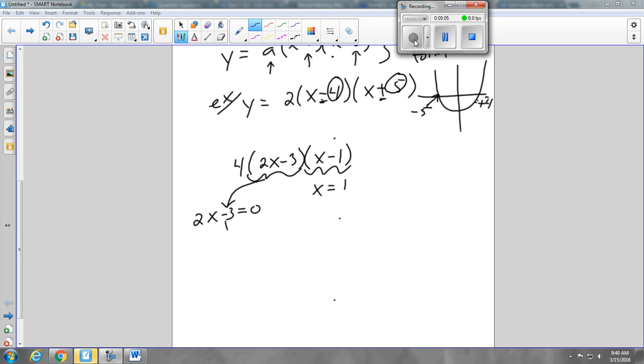I'm going to add 3 to both sides. Those cancel. So we got 2x is equal to 3. And then divide both sides by 2. And then x is equal to 3 over 2, or 1.5. Same thing. Okay, so those are my two x values there.